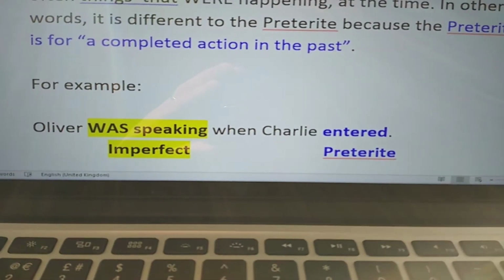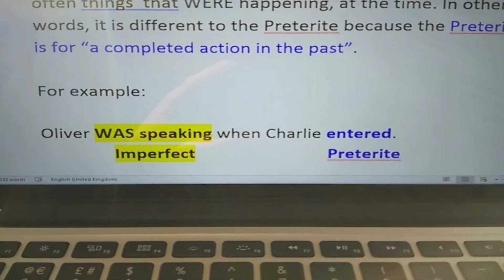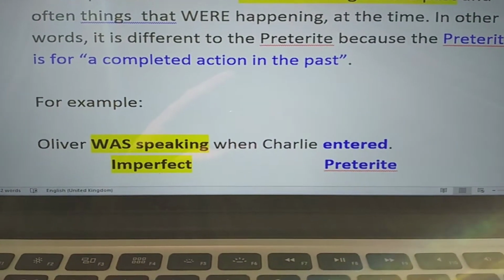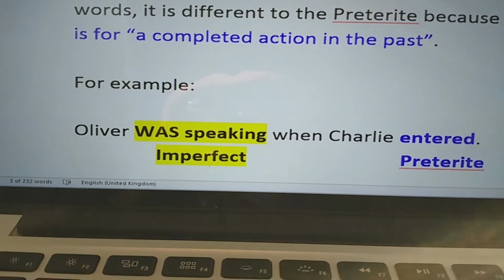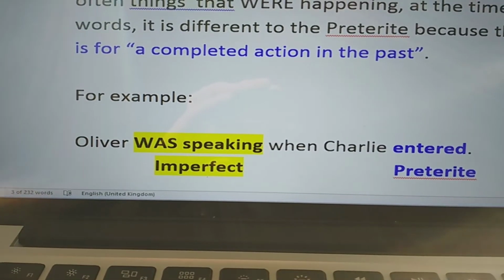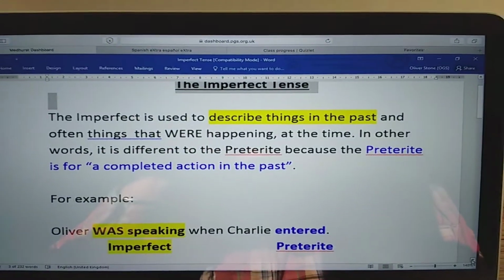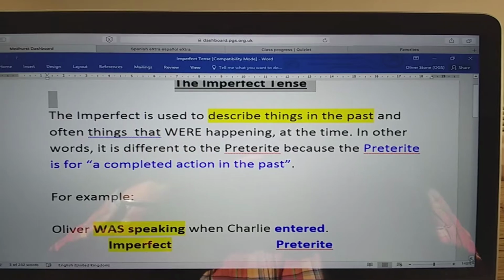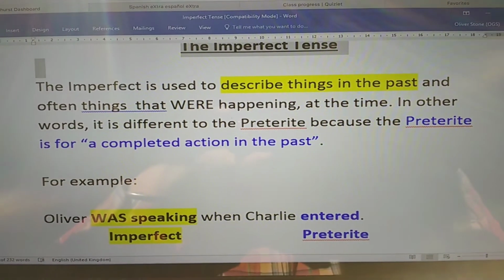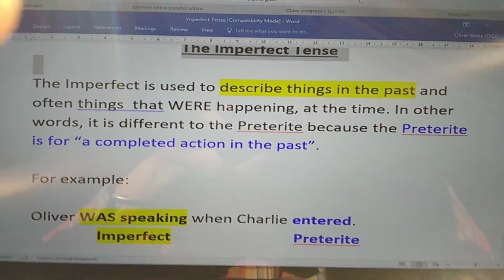If we look at the sentence in English, the entered in blue is preterite, so that's a completed action, and was speaking is imperfect, because that's what he was doing at the time. So just going back to our fundamental descriptor, the imperfect tense is used for describing things in the past, things that were happening at the time.